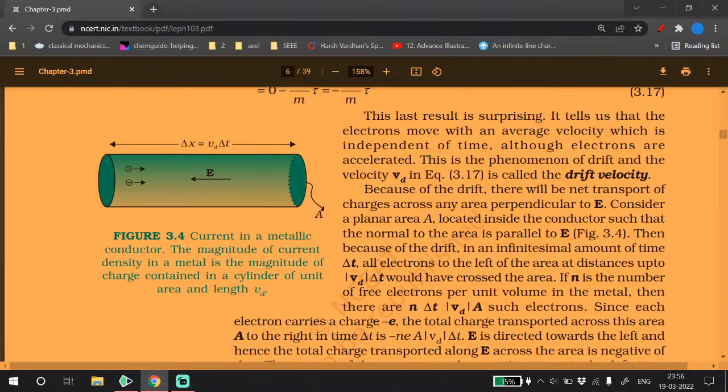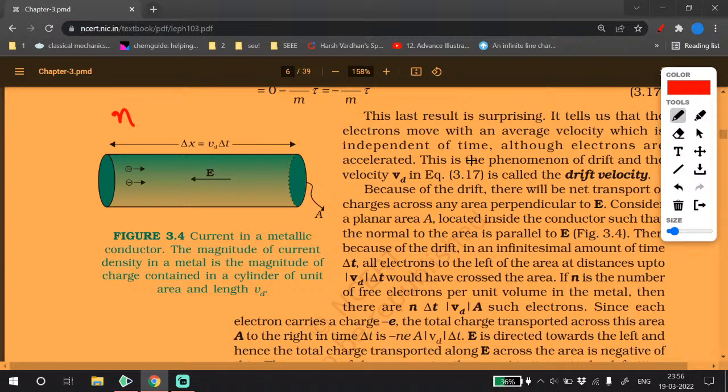Let us write the equation using the fact that current into time is the charge carried. So n is the number of electrons per unit volume, and minus e is the charge of each electron. So per volume there are n electrons. So the total charge is minus n e, and then this is volume.